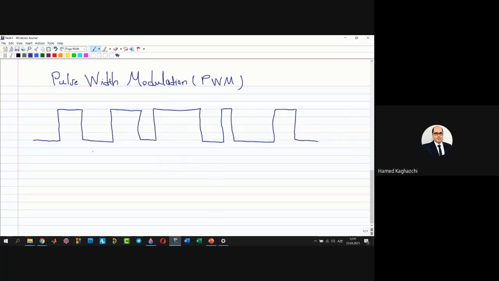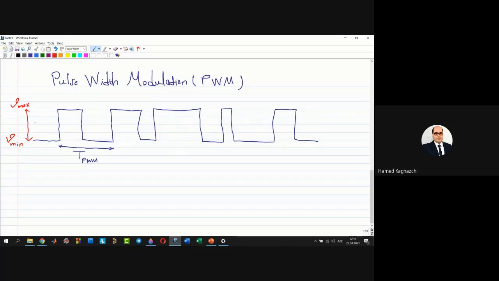We call the period of this signal T PWM. And the amplitude of this signal is between Vmin, minimum voltage, and Vmax, maximum voltage.